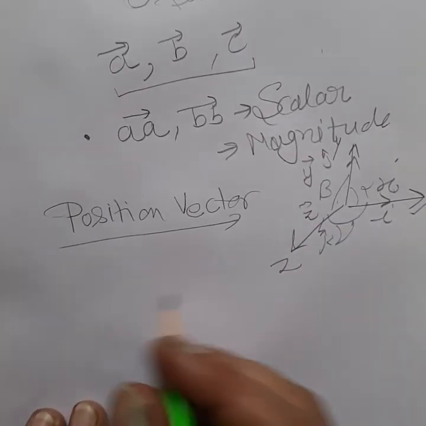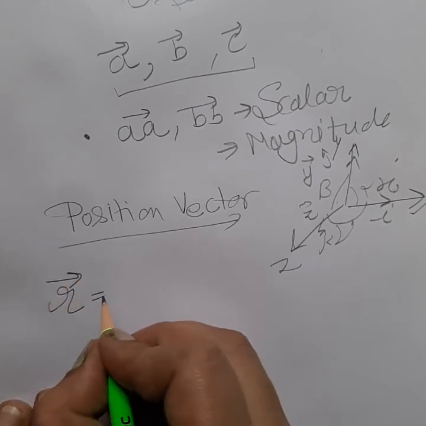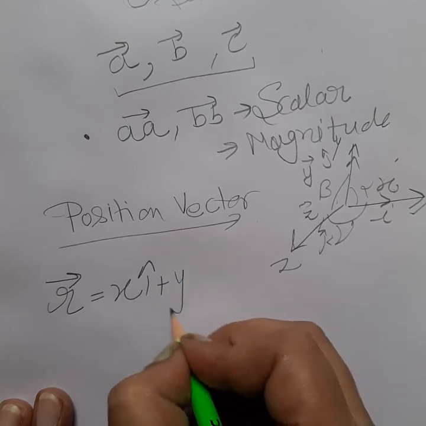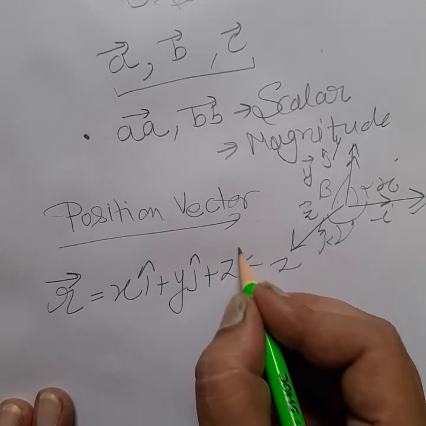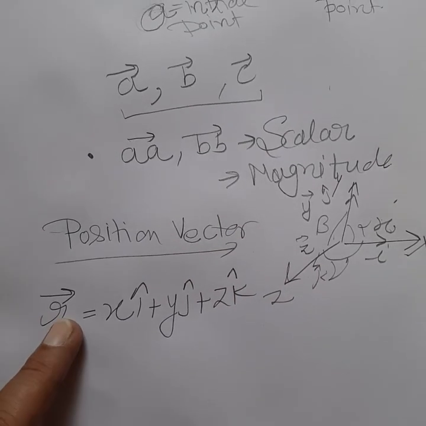We write the position vector as vector r, equal to xi plus yj plus zk. Students, this is the form of a vector, and it is called the position vector.